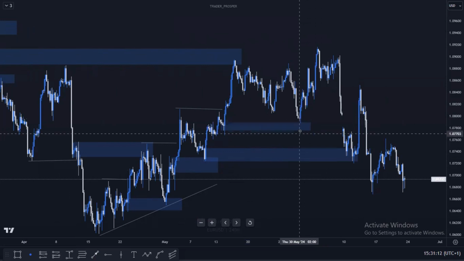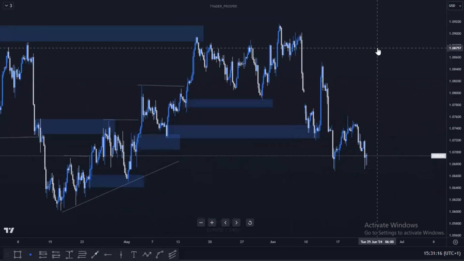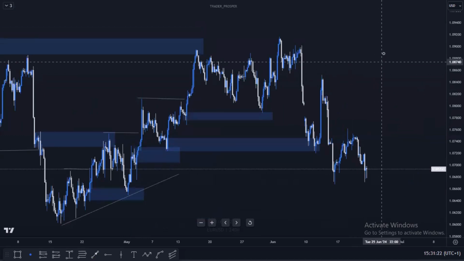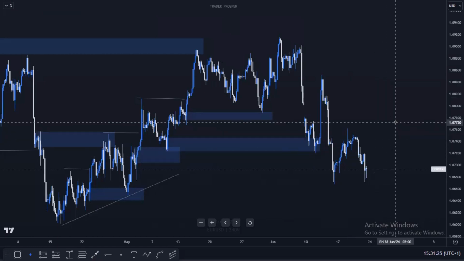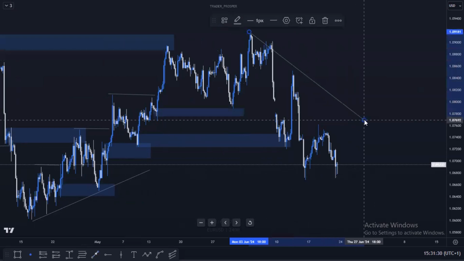When price got into this point, it pushed back upward. So this is how to identify the supply and demand zones in the market. Currently we're at this point, and we are trending back downward.